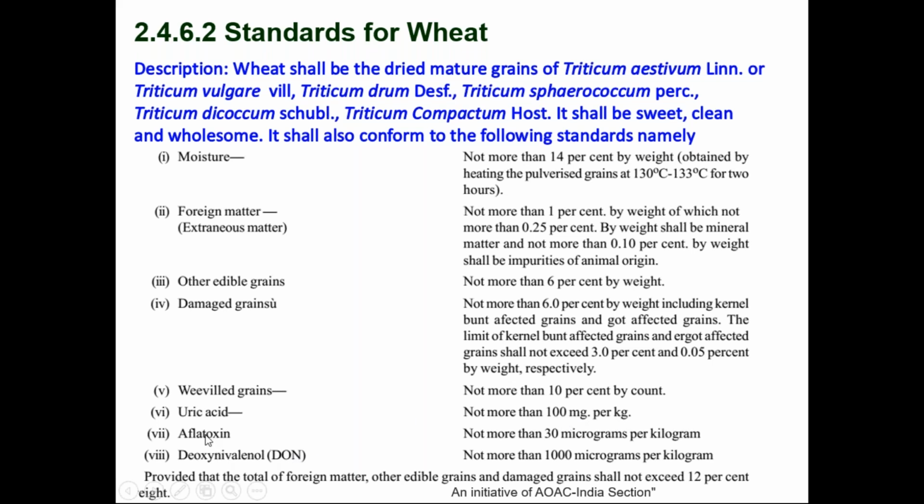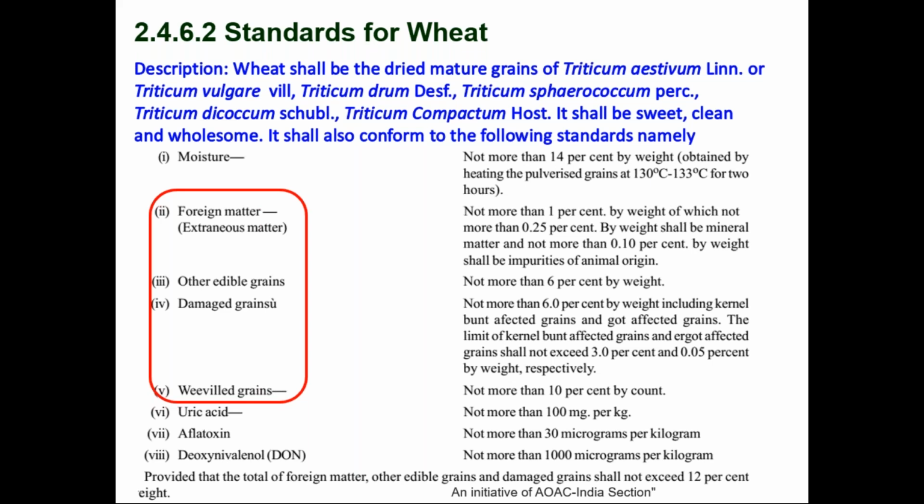You also have limits for aflatoxin, that is a naturally occurring toxin, and deoxynivalenol. These are two toxins which are produced by fungus which infect the wheat. So these three, you have extraneous matter, you have edible grains, you have damaged grains, and weevilled grains.